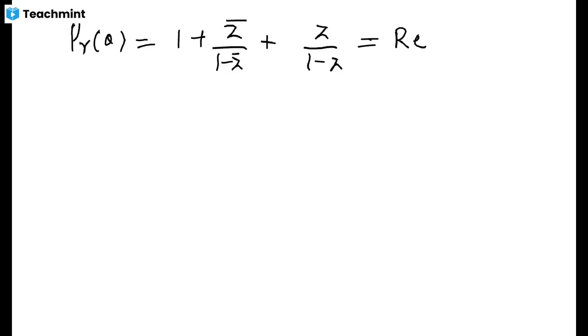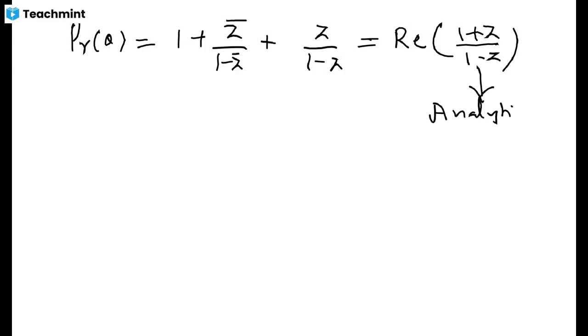If you simplify this, you will get that it is nothing but the real part of the function (1 plus z) upon (1 minus z). So it is the real part of some function, and you know that this function is analytic.